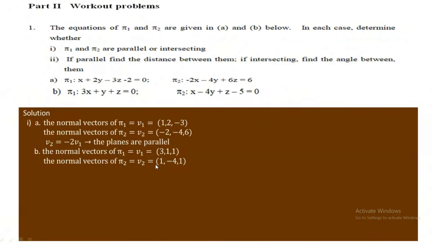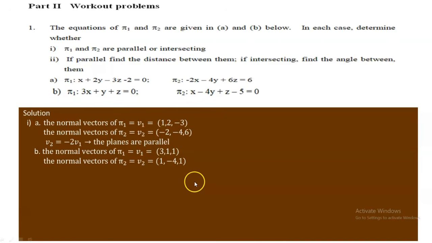In fact, sorry, I told you that they are not orthogonal, but they turn out to be orthogonal, because if you apply the dot product, it will be 0, right? But they are not parallel, because one is not a scalar multiple of the other. So in the first case, they are parallel planes, but in the second case, they are perpendicular planes, because we obtained the dot product of the two normal vectors to be 0.